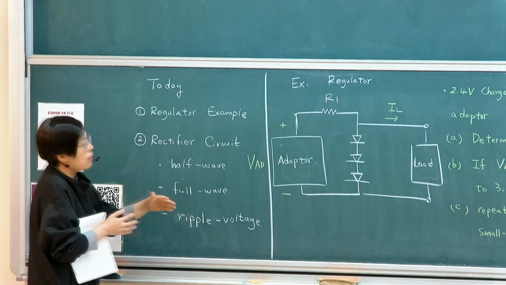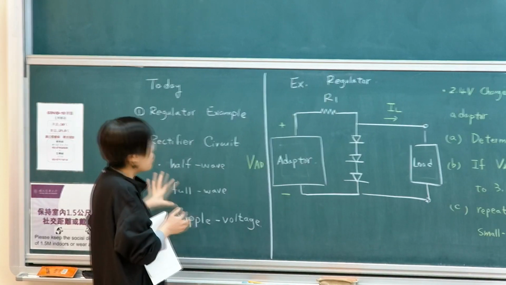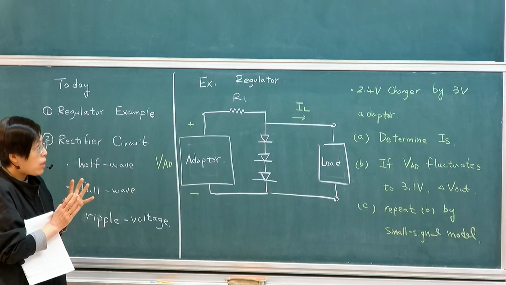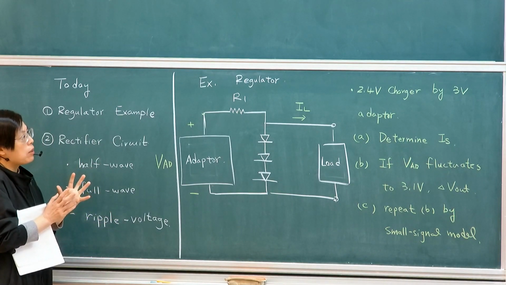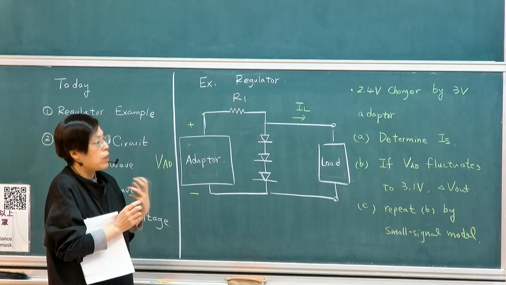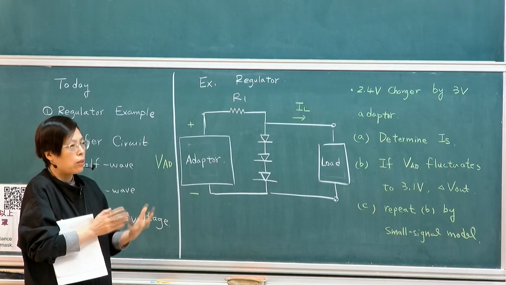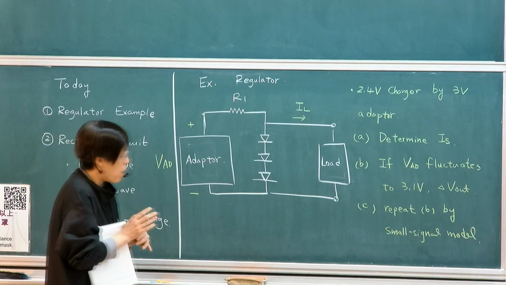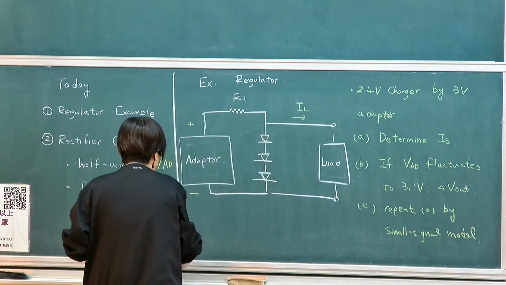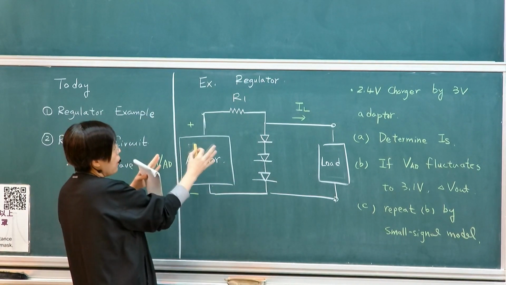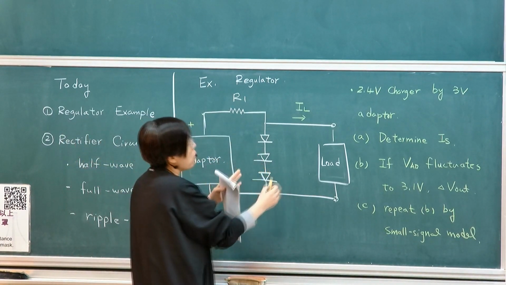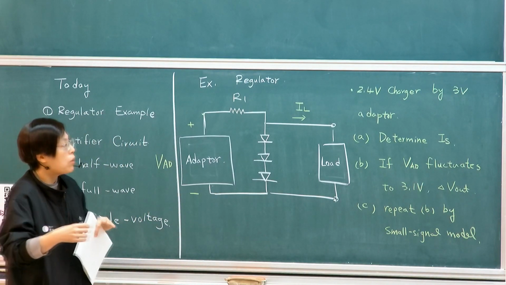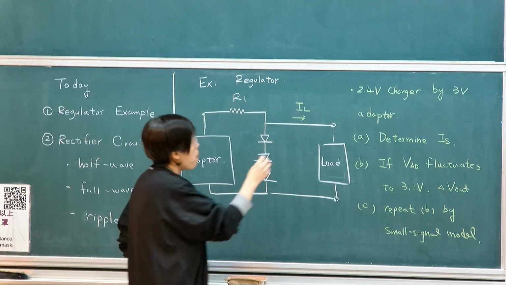This is how the regulator is designed. The basic idea looks like this. I have an adapter, which is just a rectifying circuit coming from your power line. From this adapter, we want to make sure that when it's applied to your phone, for example, your output is as stable as possible. So what we typically do is add another circuit aside from the adapter to protect the charger, to make sure it does not overload or fluctuate too much.